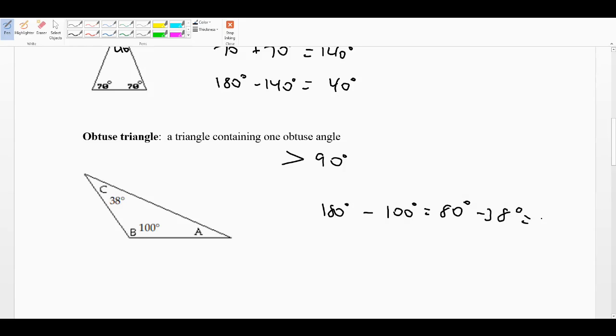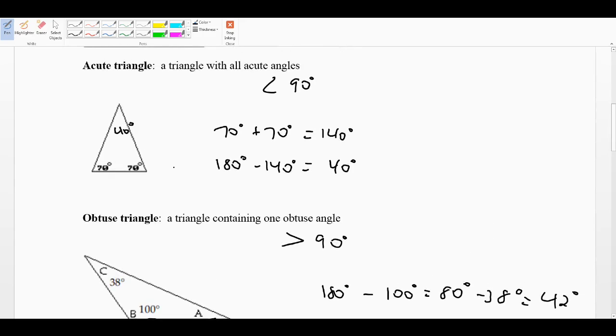Let's subtract 38 degrees, we get 42 degrees. So this angle is 42 degrees. You can only have one obtuse angle, one that's greater than 90 degrees. So this is the obtuse angle. So the obtuse triangle has one obtuse angle. An acute triangle has all acute angles.